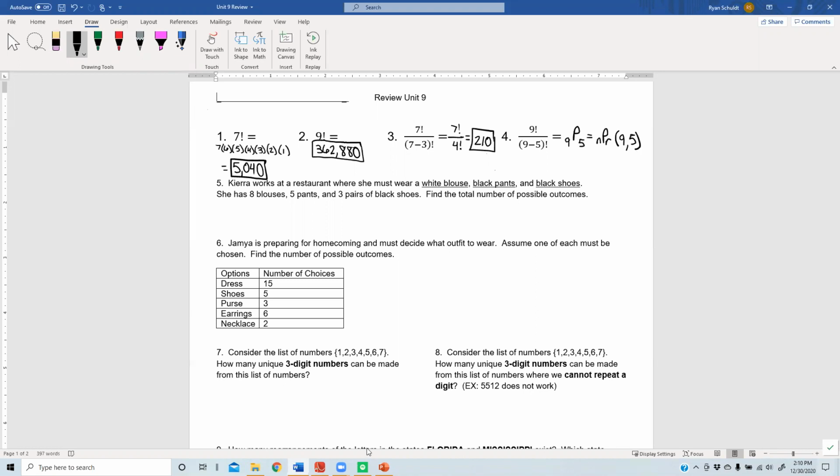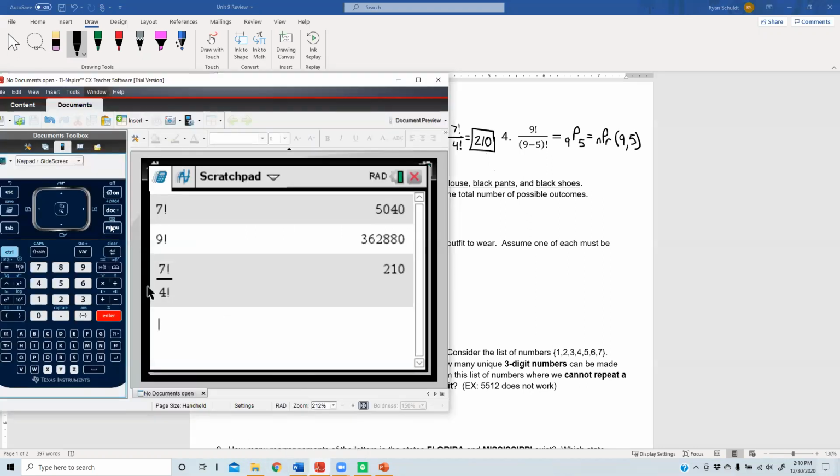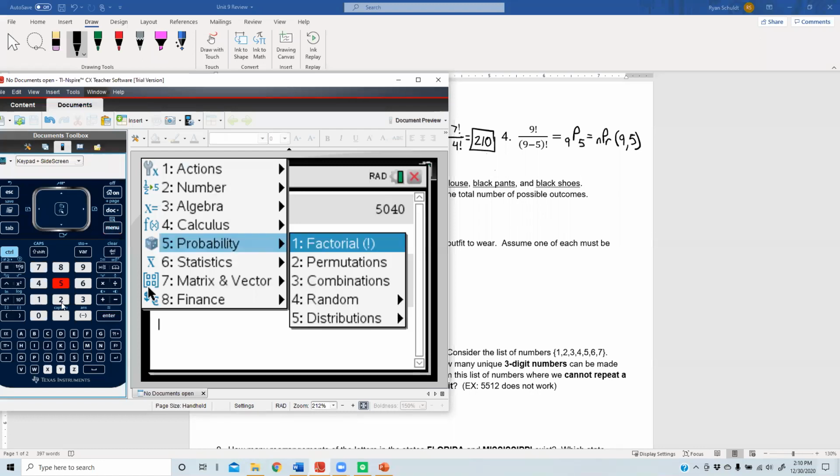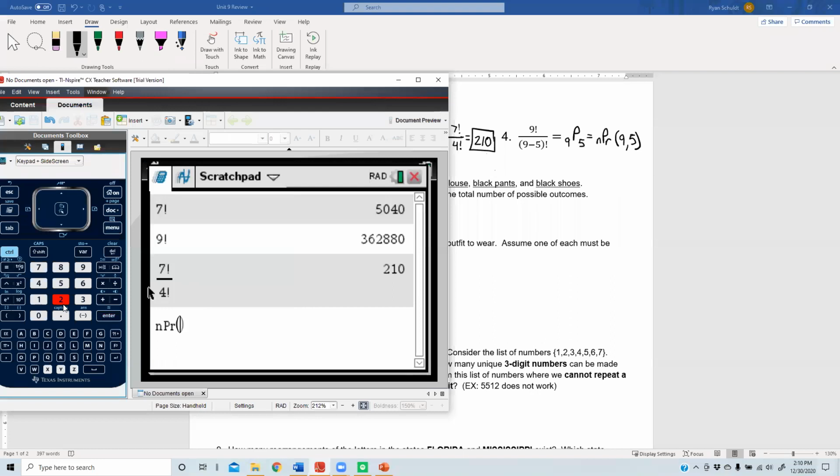You could certainly do it this way as well. So let's do that. Let's remember how. We go to menu, probability, so 5, and then permutation is 2. And then we'll say 9, 5. Hit enter. 15,120.